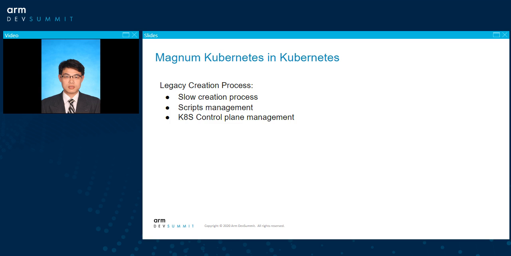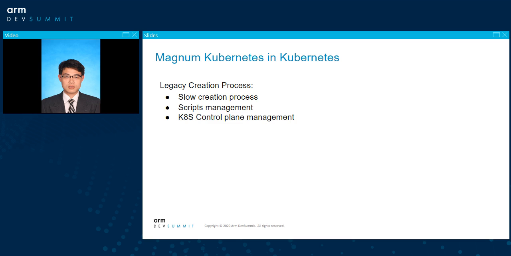Here is the Magnum solution, the next stage of the Magnum provision solution for Kubernetes. We use the Magnum process to create a Kubernetes cluster, and it is easy to provision the cluster with just one API, but we may meet a lot of problems.